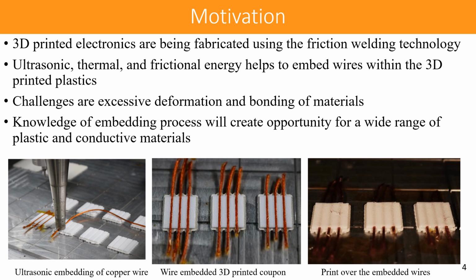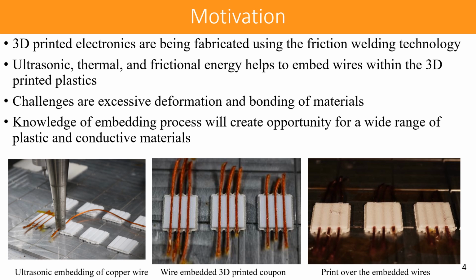So the major challenge of this technology is that if you deform the substrate material badly, that means your entire substrate material is gone. You have to print it again, and you have to make the part again. So there is a necessity of knowledge that will help to embed different types of material within a wide variety of plastic materials.